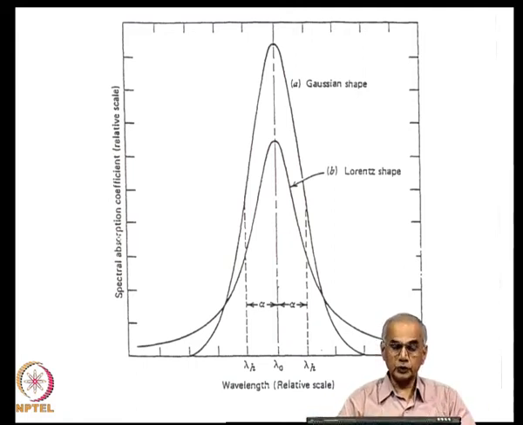So, there are situations where you must take into account the Doppler broadening in the center part of this curve and the pressure broadening at the edge of the curve, and this is called the Voigt line, which is a hybrid of Doppler and pressure broadening.